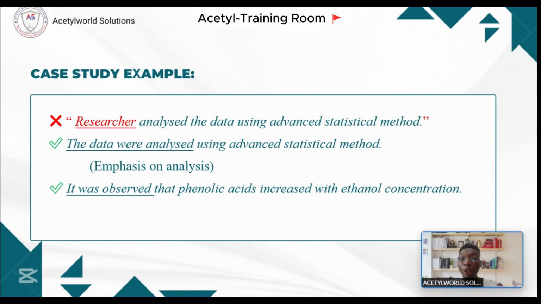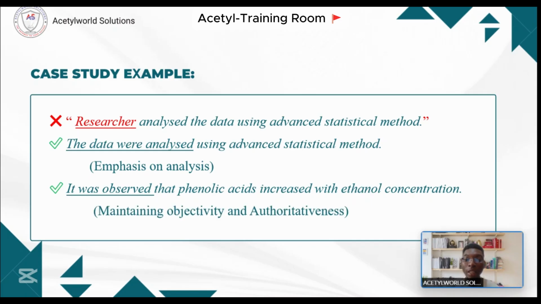Or you can say it was observed that phenolic acid increased with ethanol concentration, or it was observed that the results or the data were analyzed. I'm trying to use the previous statement now: data were analyzed using advanced statistical method.